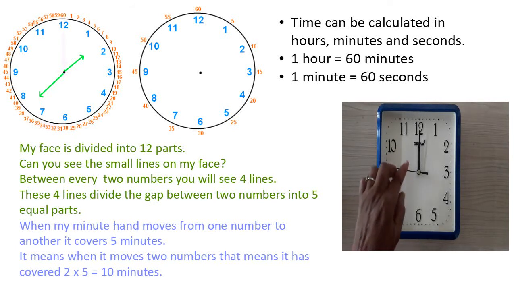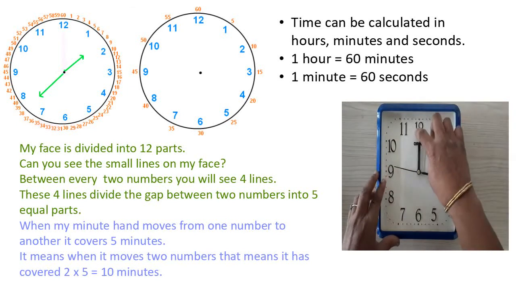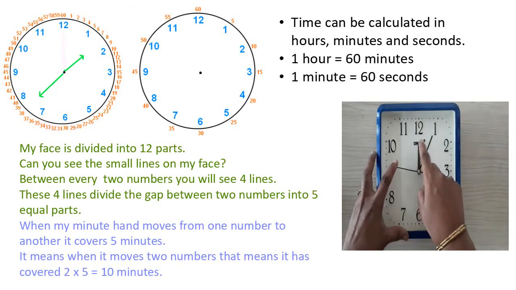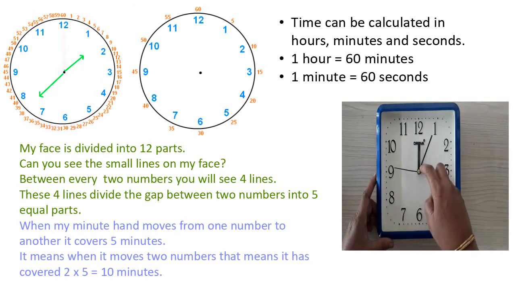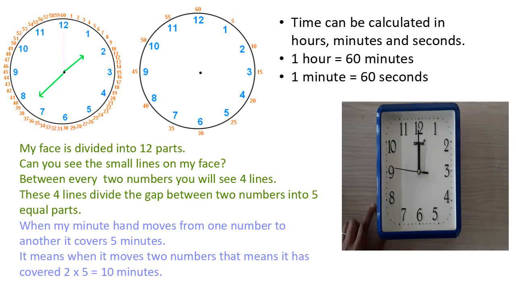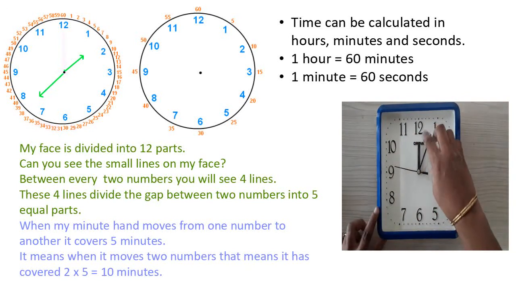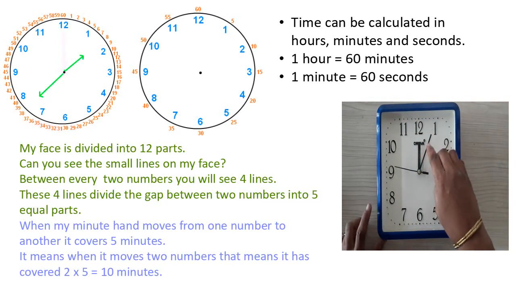Okay, so now we have two arms on the clock, that is the hour hand, which is the shortest arm, and the longest arm, that is your minute hand, right? Now between these two hands, which hand moves faster?